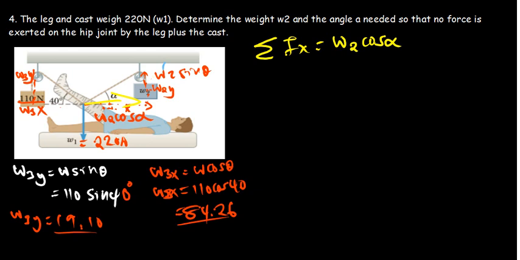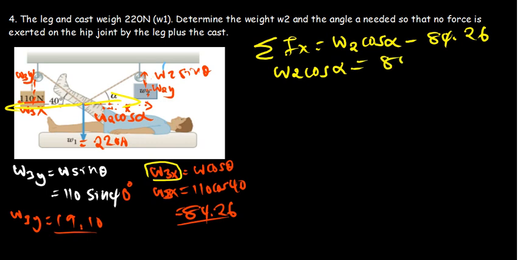This one is going in this direction, so it's negative, and we have already calculated it as W3x, so let's just put minus 84.26. This gives us 0. Then I shift the 84.26 to the other side, so W2 cos alpha is equal to 84.26.